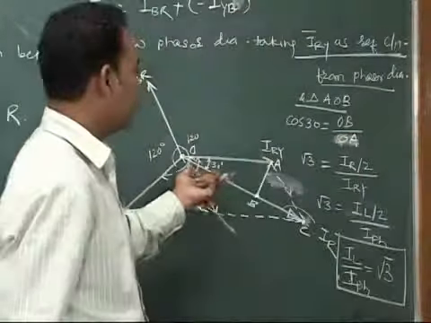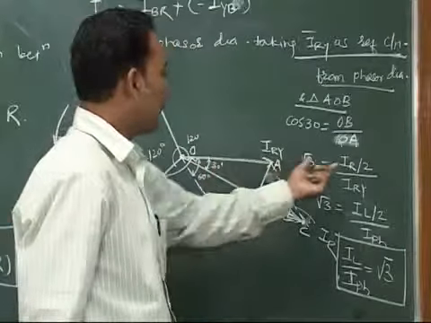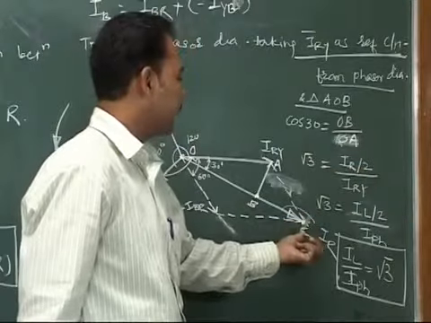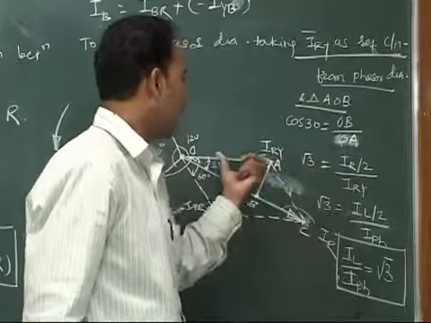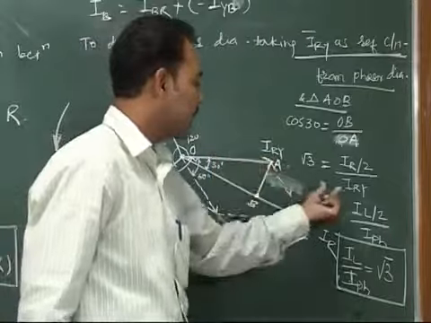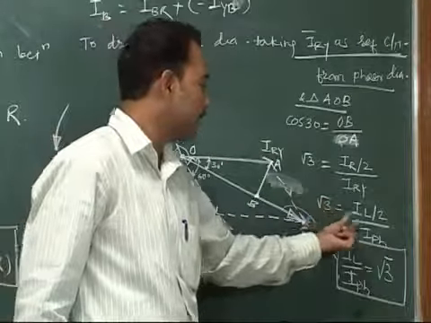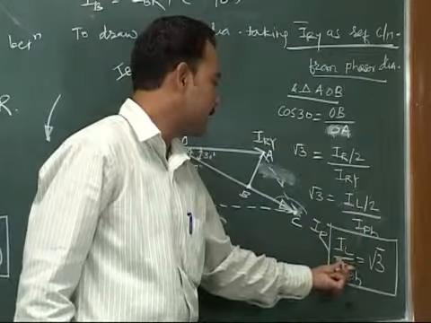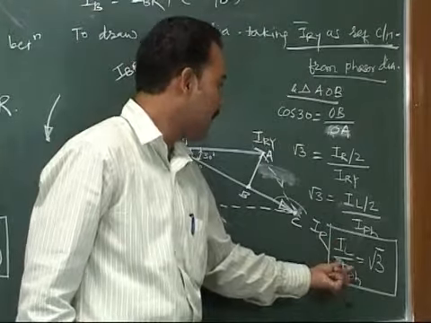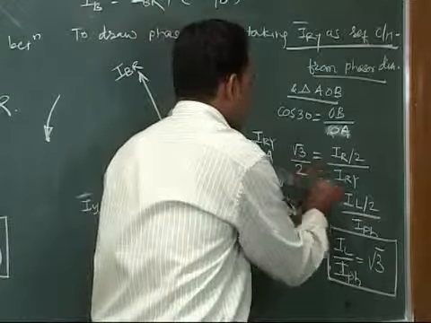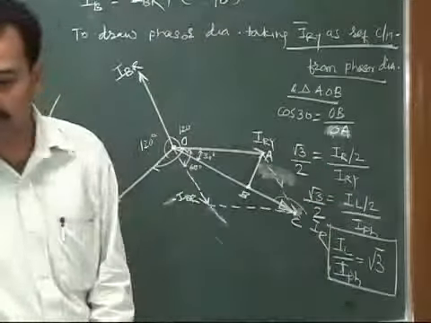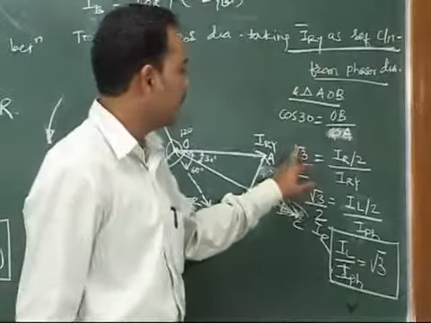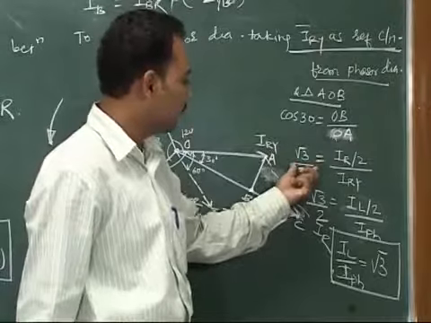Cos 30 is root 3 by 2, where OB is IR by 2, that is the line current by 2, upon IRY, which is the phase current. So root 3 by 2 is equal to IL by 2 upon IPH.